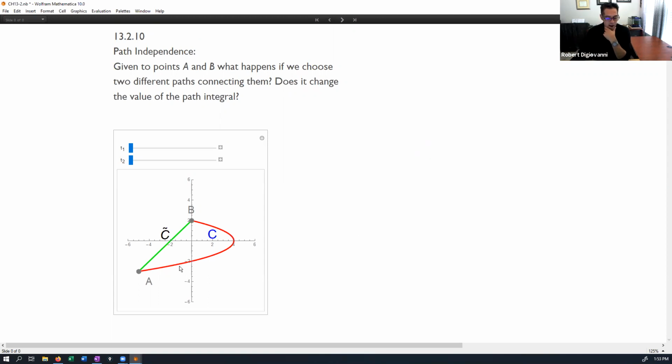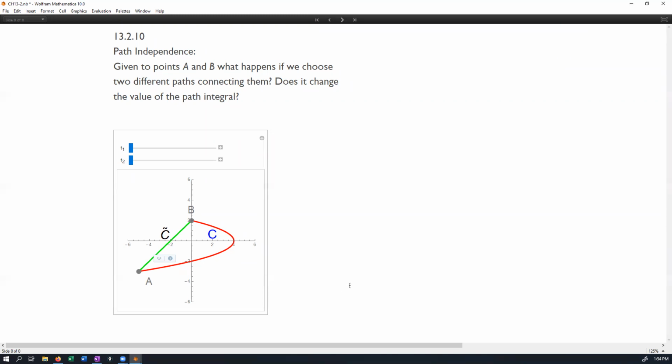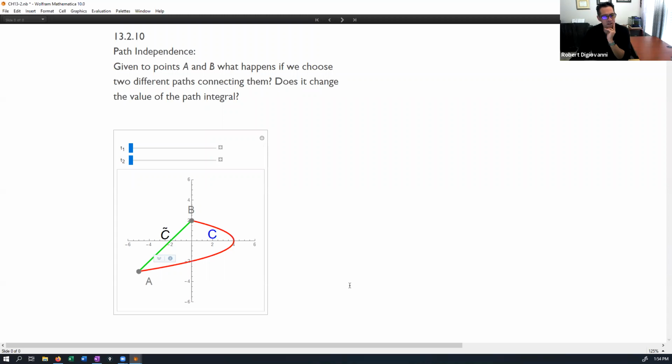What if you have a path here from A to B, let's say the path C, that goes along this and then gets here and ends at B. If we do a line integral along that path, how do you think it's related to the line integral along the straight line path connecting A and B, called C tilde? Do you think we should get the same answer? Generally, we should get a different answer, right? Because this is the area underneath. Those would be two different curtains.